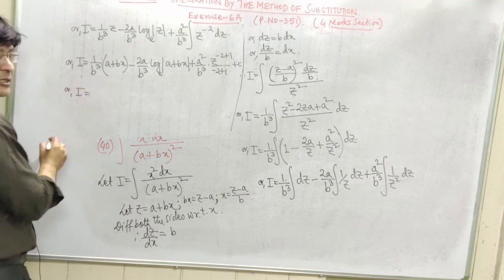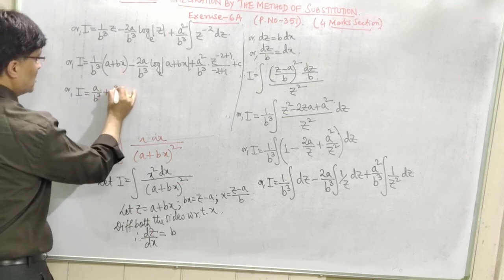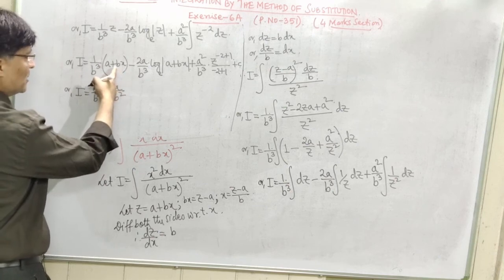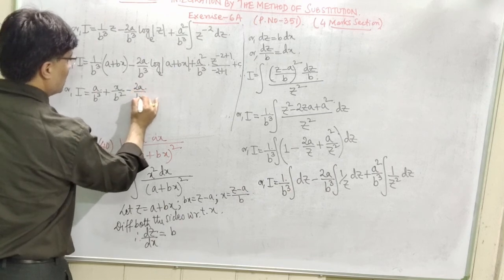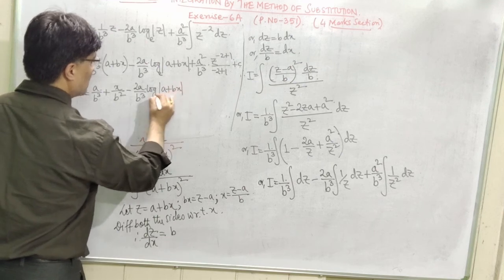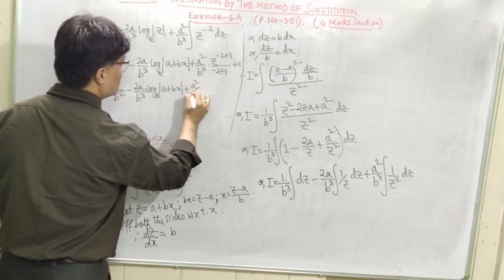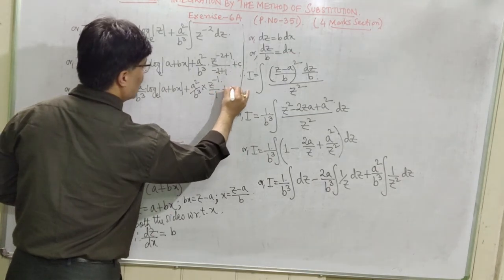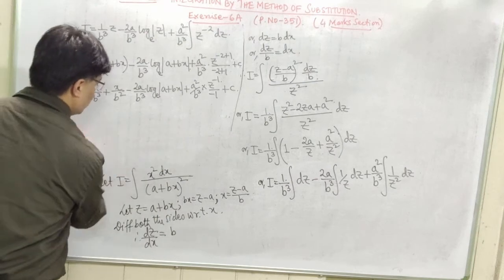Okay. So you can multiply it. Or I is equal to, how much is it now? This is a by b cube plus this is x by b square, isn't it? That is bx by b cube, you can cancel this b cube by b, so it is x by b square, minus 2a by b cube, log within mod a plus bx, the base is e, and now here it is plus a square by b cube into z to the power minus 1 divided by minus 1, plus c.